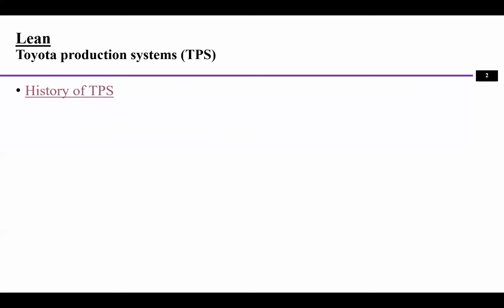Well, first of all, Lean really started from the Toyota production systems. As you may have heard before, the Toyota production system started from Toyota.